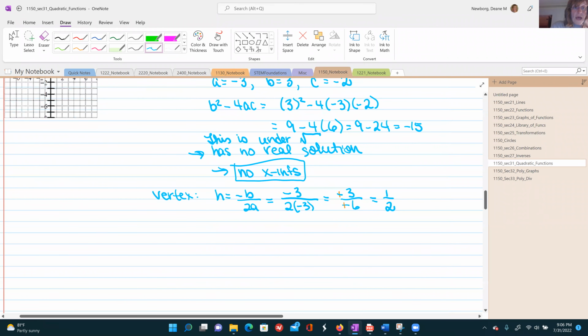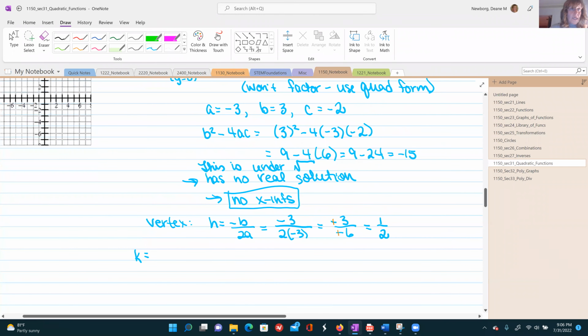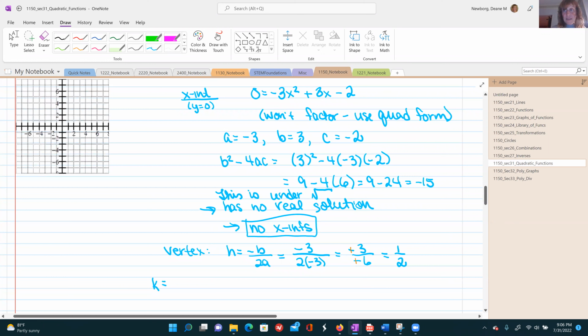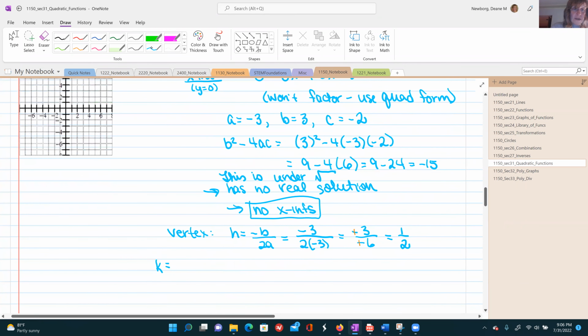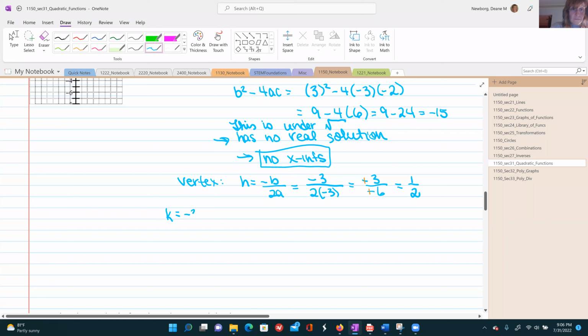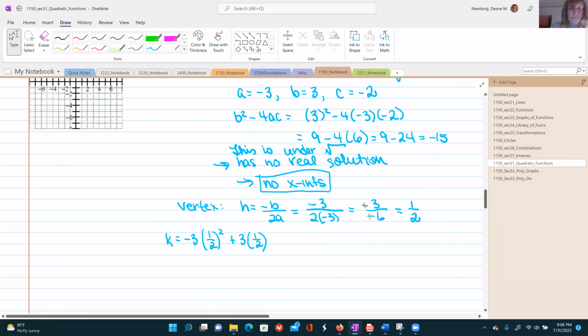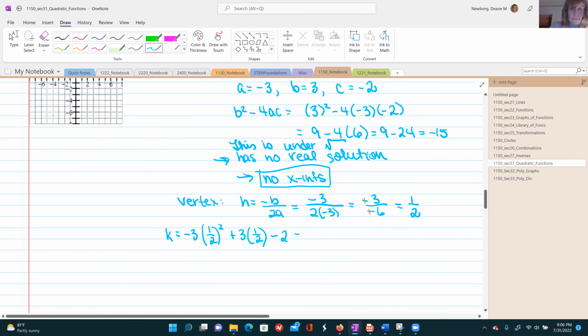Now we have to find the y coordinate of the vertex, which is called k. And we plug that value of x, 1/2, into the function. So I had -3 times (1/2) squared plus 3 times 1/2 minus 2. Okay, so when I square 1/2, you just square the numerator, square the denominator.